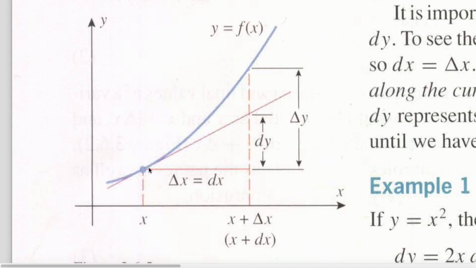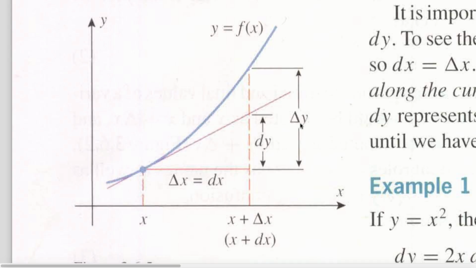So dx is the run of the tangent line. dy is the rise. Now, it is possible to let delta x equal dx. We can let these arbitrarily become the same value. But when it comes to dy and delta y, you're talking about two different creatures.